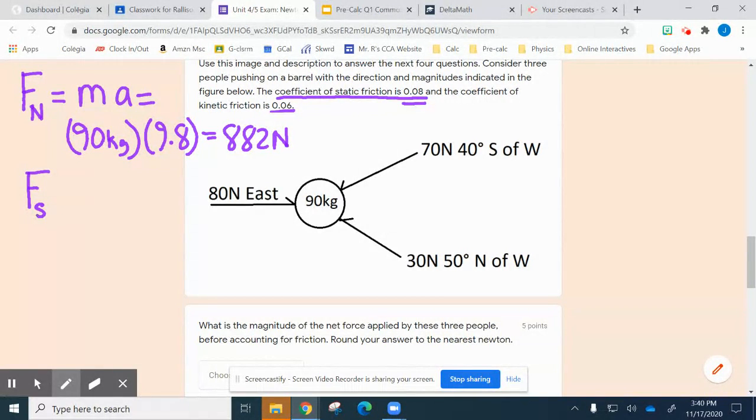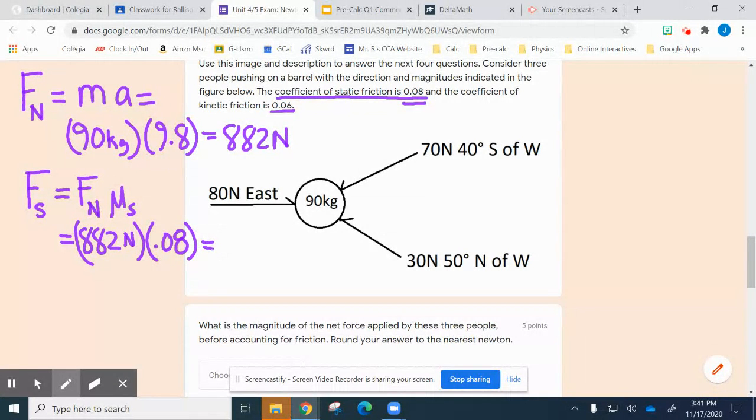So here it is, it's the normal force times the coefficient of static friction, and we use mu for that. So it's going to be the normal force, which is 882 newtons, times the coefficient of static friction, which is 0.08. Notice that the kinetic friction coefficient is lower.